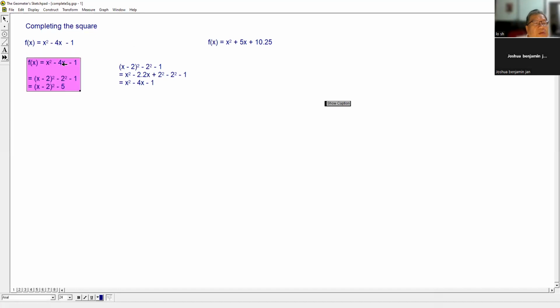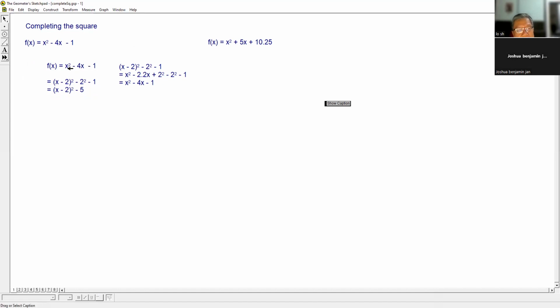So the quadratic function in this form, I have to change to this form. So how to change from this form to this form so that I can sketch the graph. So I'm going to explain to you step by step, right?